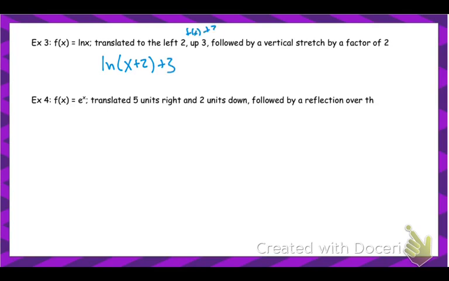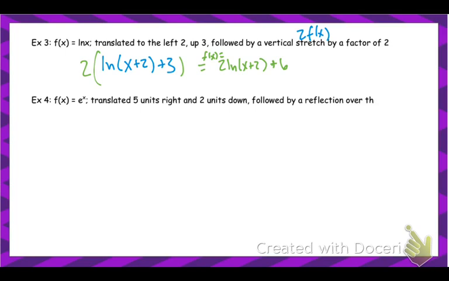That's f of x plus 3. Then we're going to have a vertical stretch by a factor of 2. That is 2 times f of x. That means I take the function that I already have and multiply that entire function by 2, because it's happening after the fact. That leaves me with 2 natural log of x plus 2, plus 3. Sorry, plus 6, if I don't put those parentheses.